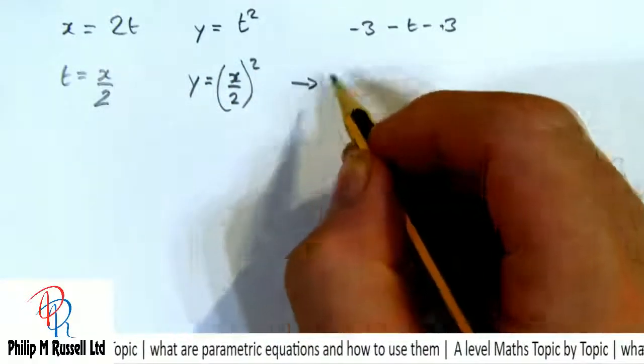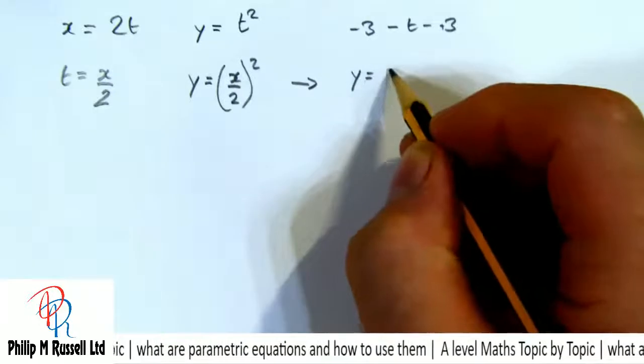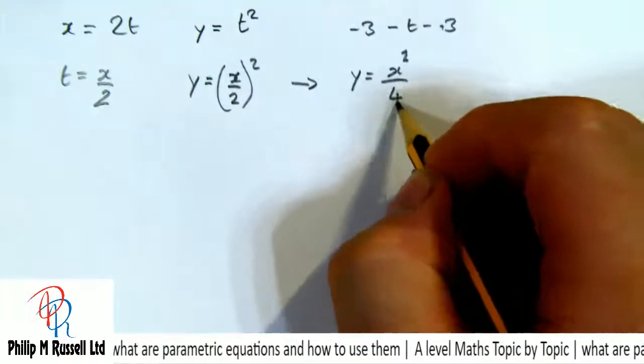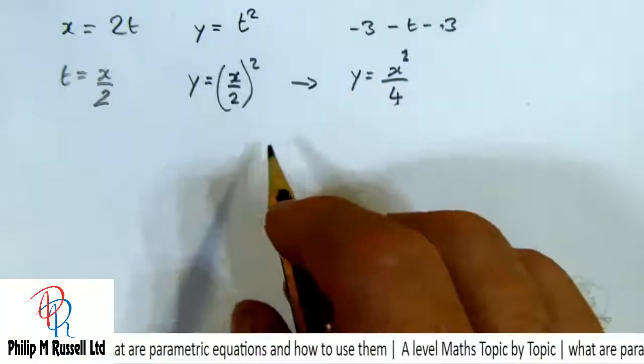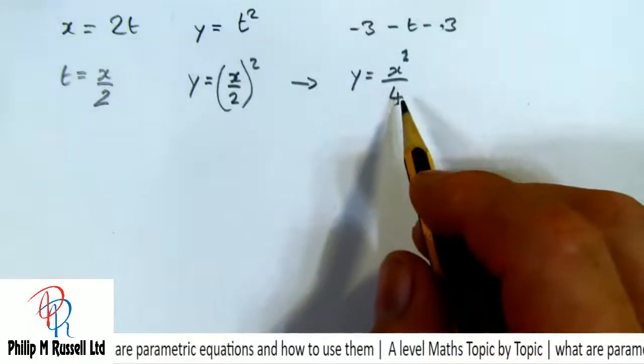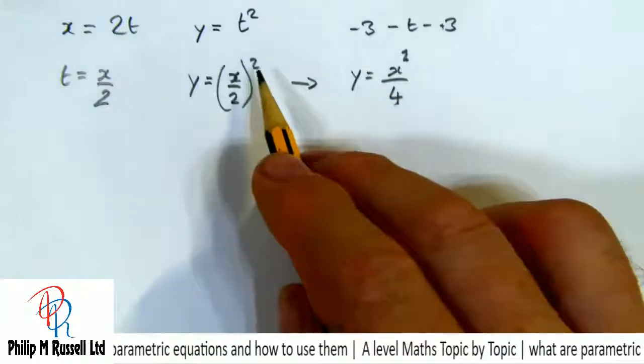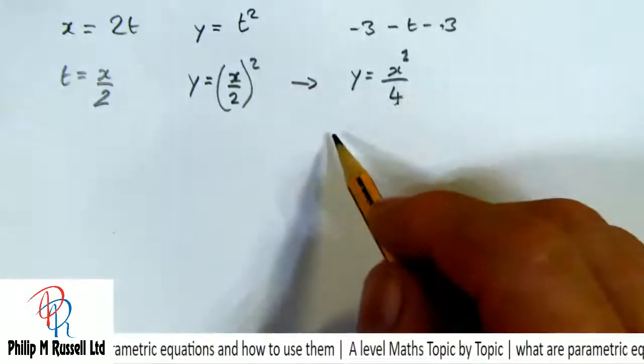And that's going to give me y equals x squared over 4. And that is my Cartesian equation from a parametric equation.